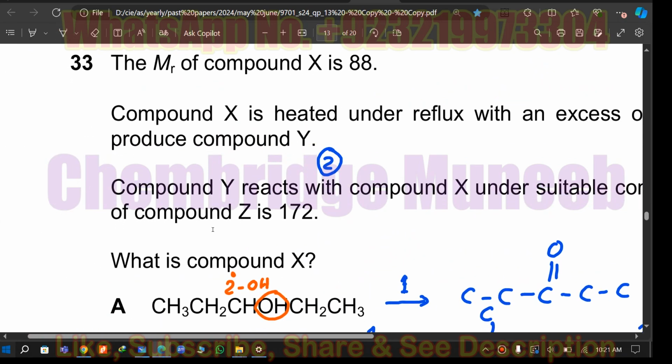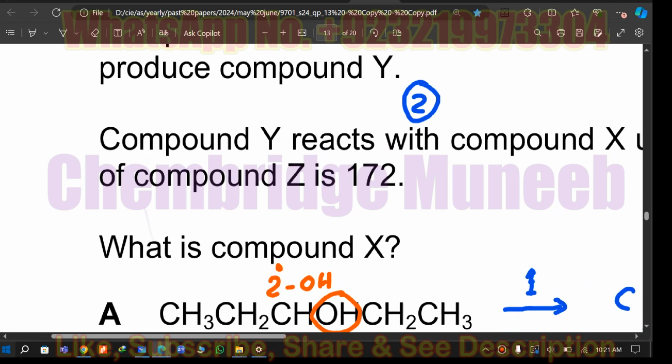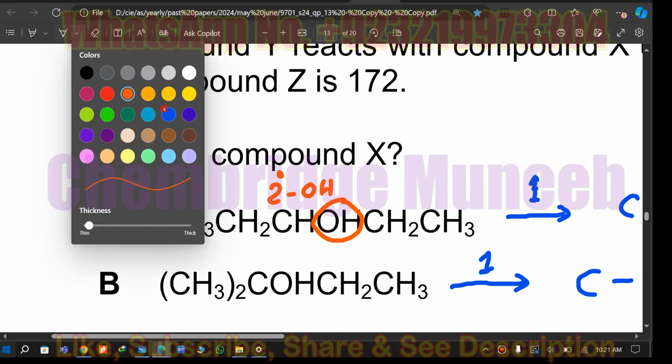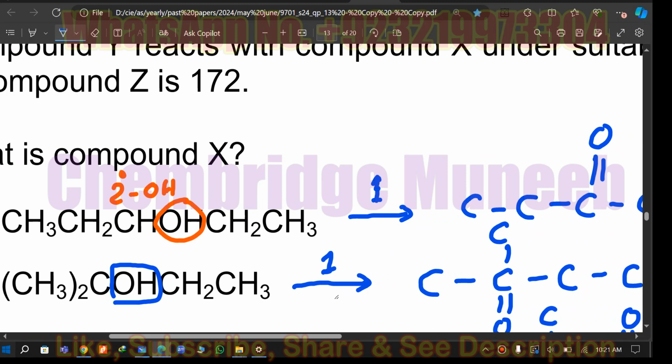Then option number B. We can see here that option B again contains an alcoholic group. This is the alcohol, and this carbon which is bonded with the 2 methyl groups means it is a secondary alcohol again. So secondary alcohol, after oxidation, will give you ketone.